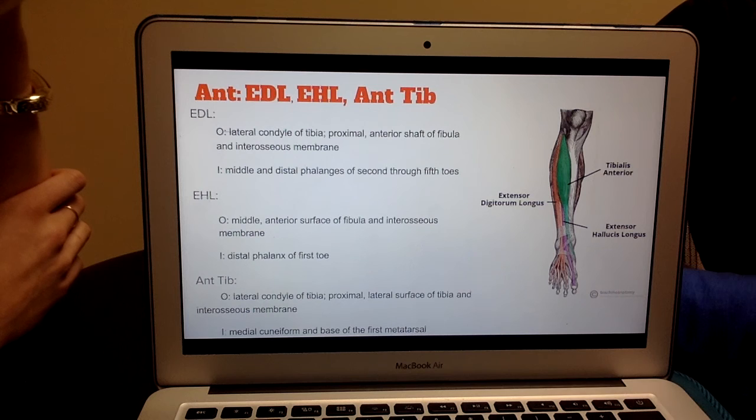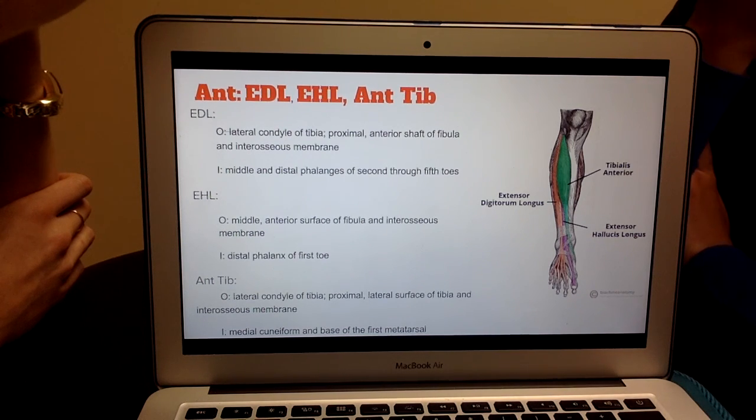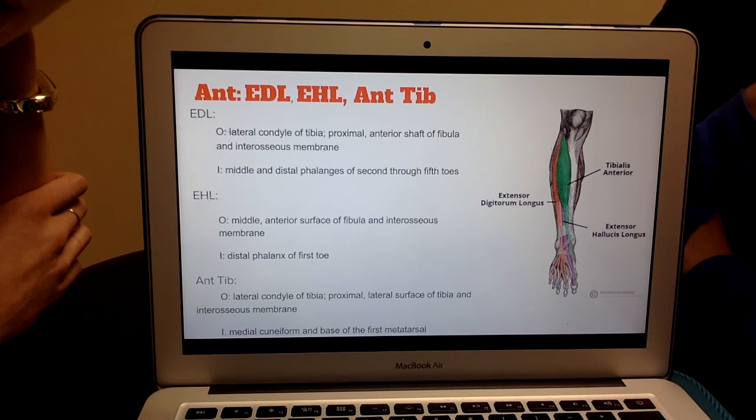So breaking it down by compartments, the anterior compartment: the extensor digitorum longus, the origin is on the lateral condyle of the tibia, the proximal and anterior shaft of the fibula, and the interosseous membrane. It inserts on the middle and distal phalanges of the 2nd through 5th toes, and you can see that in the picture. The extensor hallucis longus originates on the middle and anterior surfaces of the fibula and interosseous membrane.